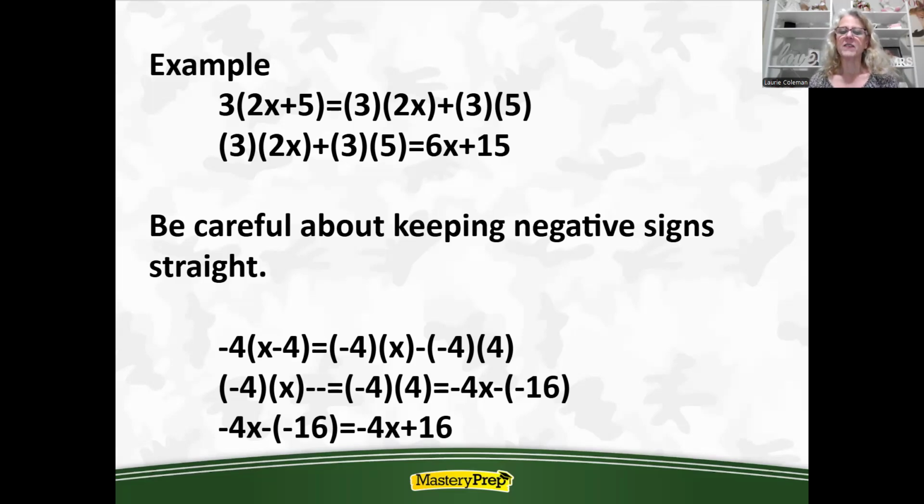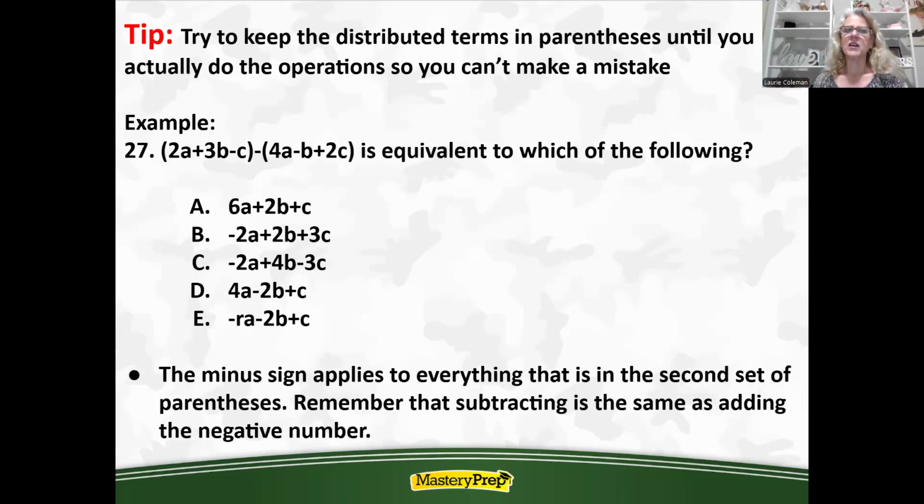So we have negative 4x minus a negative 16. So we know that we can't leave it like this, because basically this is negative 1 times negative 16, so we have to convert that. It's not simplified enough yet. So we have negative 4x plus 16. That is your answer. A tip: try to keep the distributed terms in parentheses until you actually do the operation so you won't make a mistake.